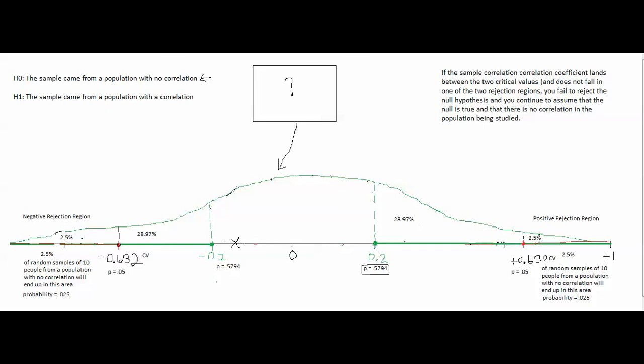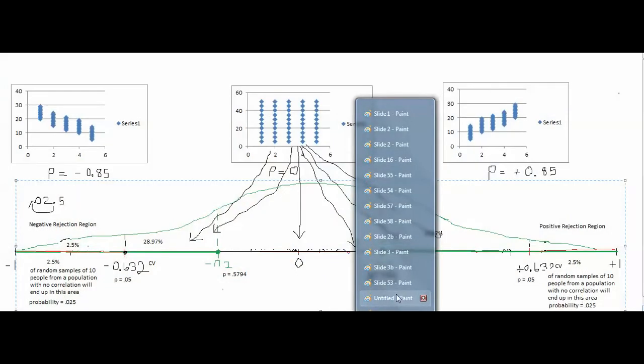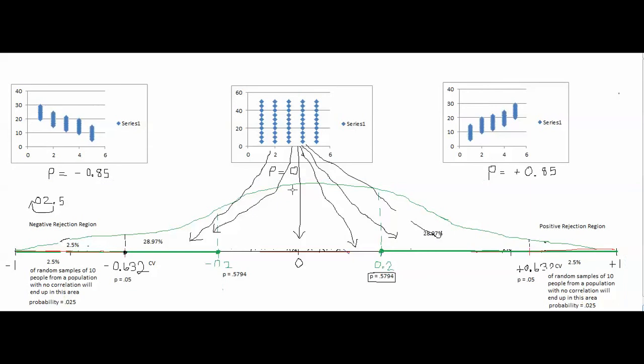The reason why is because if you look back at this slide right here, we can see that a sample coming from a population with no correlation could easily end up in the middle area between the two critical values, because a sample could easily fall here, here, here, or anywhere between the two critical values.